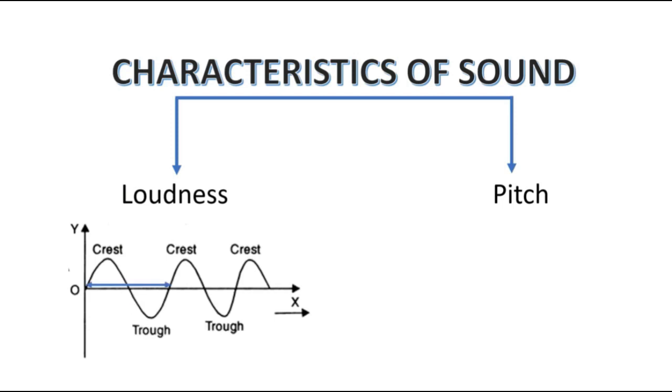Now the point where it started from the initial position and then goes to crest and trough and comes back to its initial position, which is now represented there with the arrow mark, is referred to as one wave.